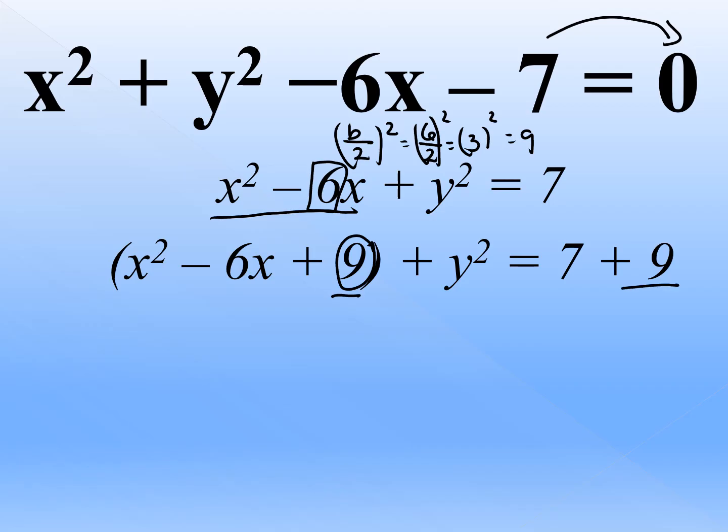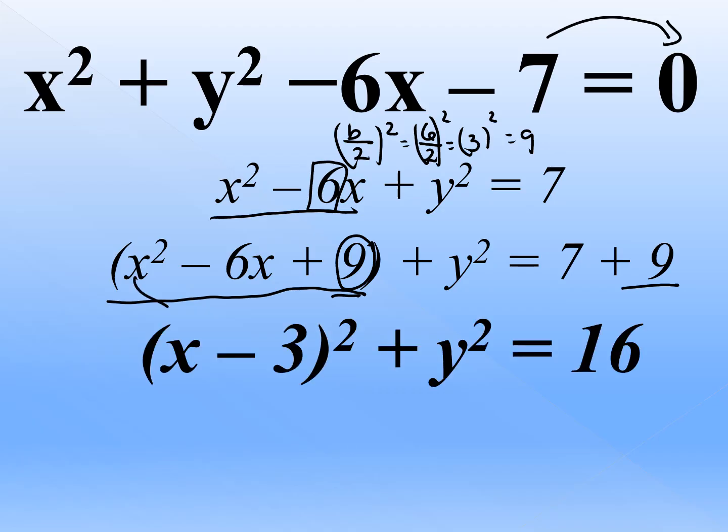Now, we're going to factor x squared minus 6x plus 9. To factor this, we get the square root of x squared, which is x, and then the square root of 9, which is 3, and then copy the sign of the middle term, which is negative.